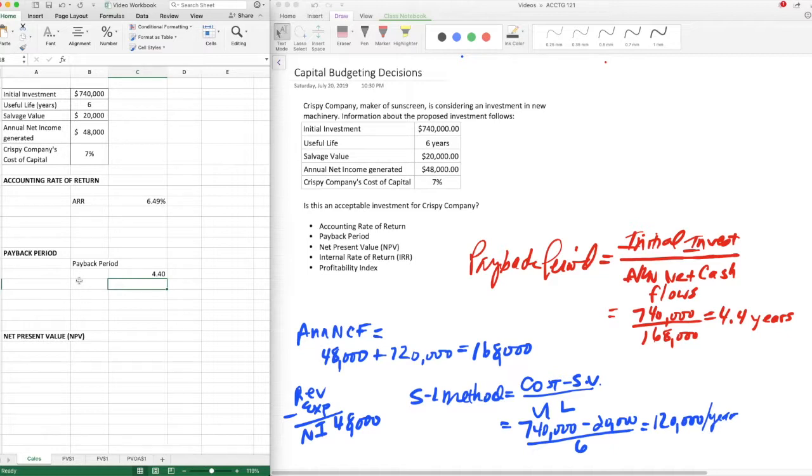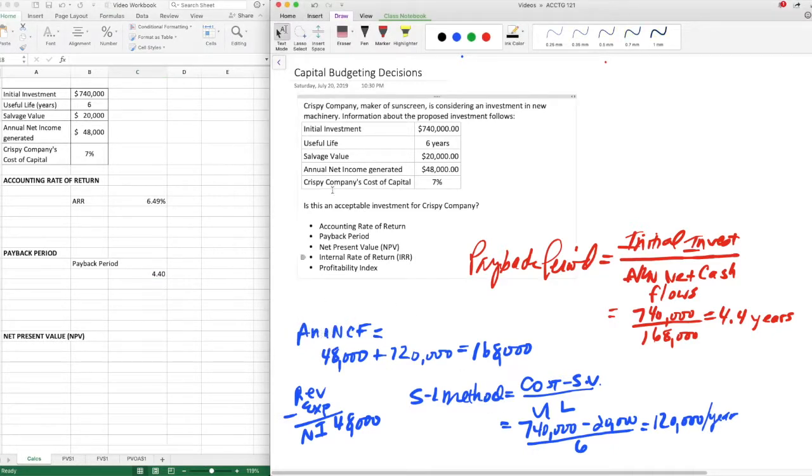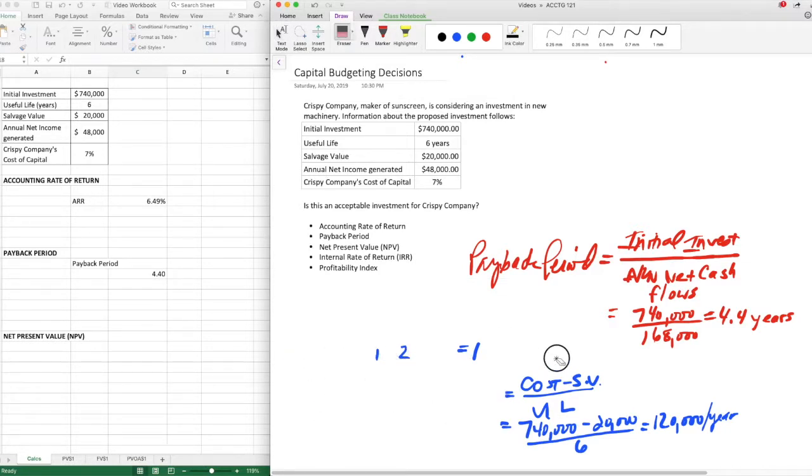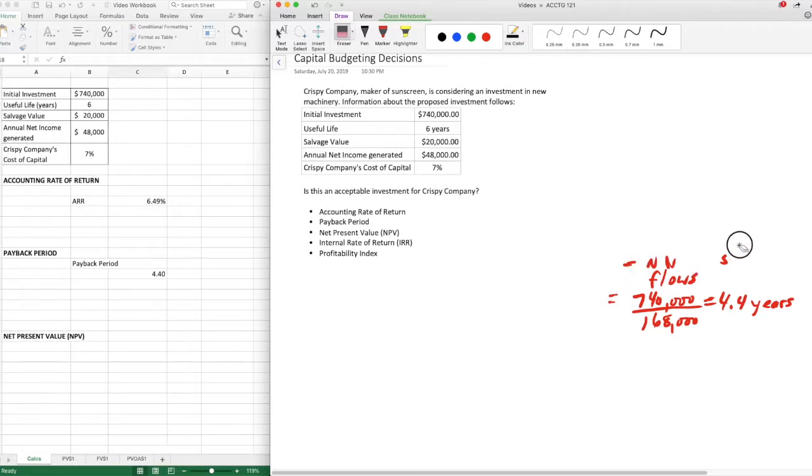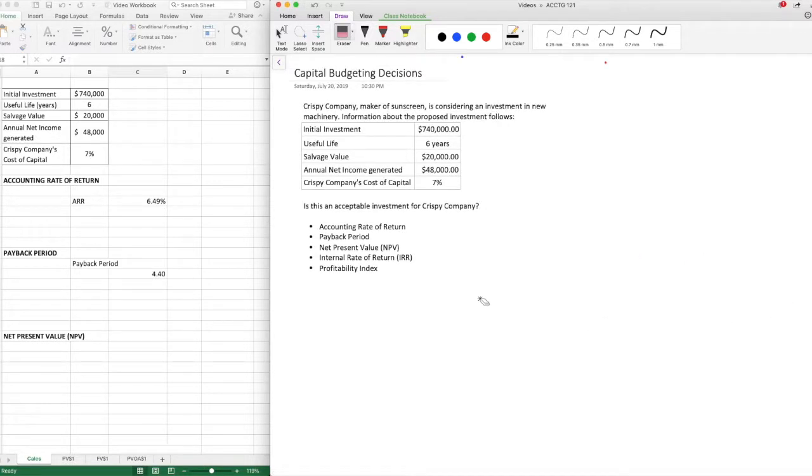So those two methods, the accounting rate of return and the payback period, are two methods that companies can use to determine whether or not an investment opportunity is acceptable.